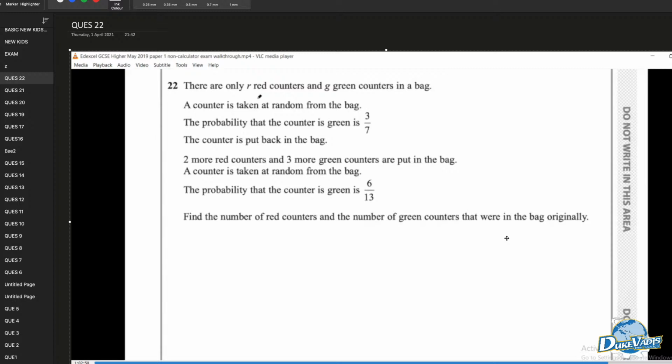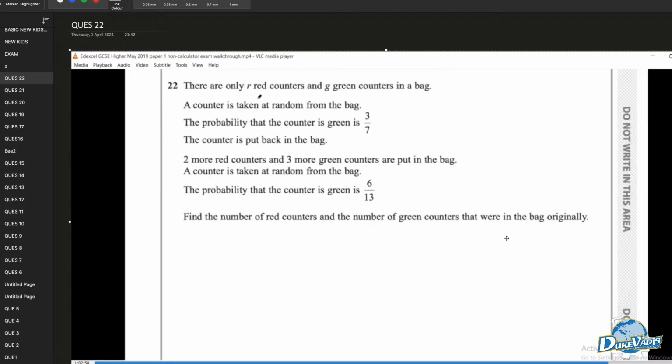Okay, 3/7. And the counter is put back in the bag. The counter itself is put back in the bag. 2 red counters and 3 more green counters are put in the bag.